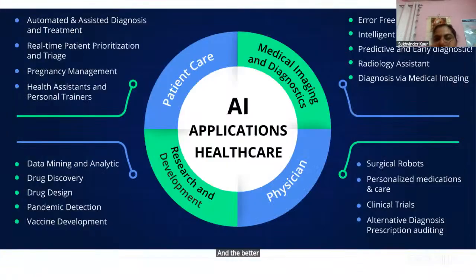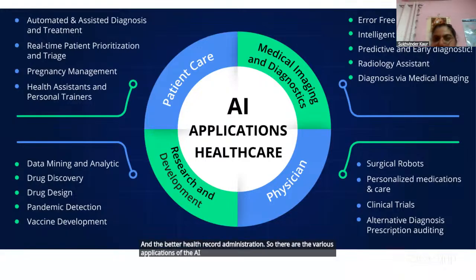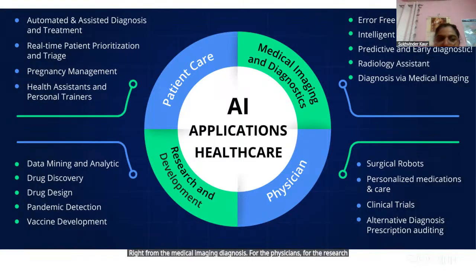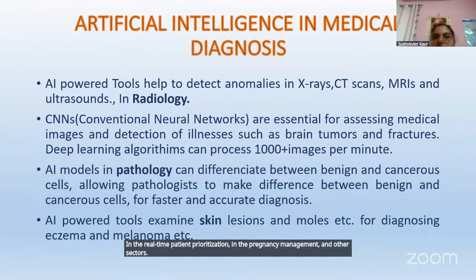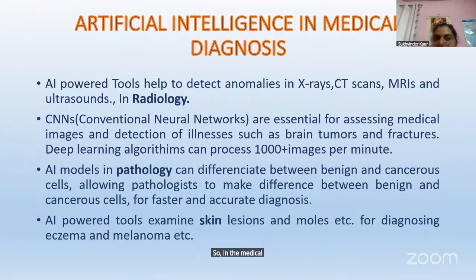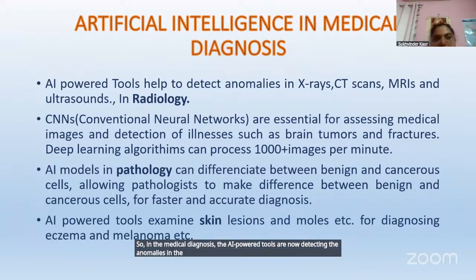There are various applications of AI in the health sector, from medical imaging diagnosis for physicians, to research and development such as drug designing and vaccine development, to patient care, real-time patient prioritization, pregnancy management, and other sectors. In medical diagnosis, AI-powered tools are now detecting anomalies in X-rays and CT scans.